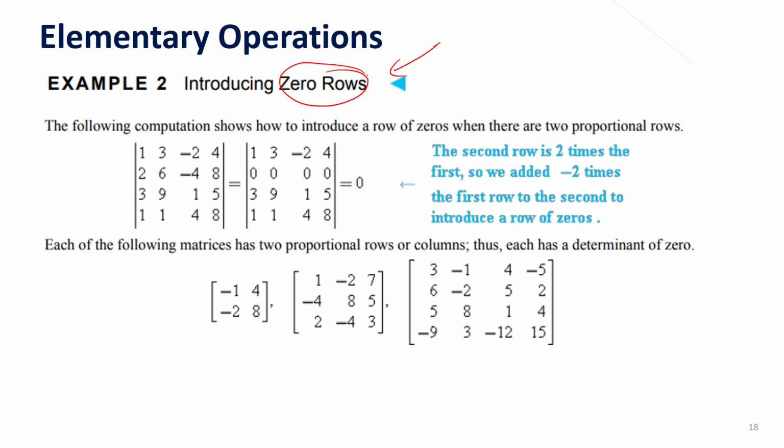You can introduce a row of 0 when there are two proportional rows. For example, for row 1 and row 2, you can do: new row 2 equals to minus 2 row 1 plus row 2.